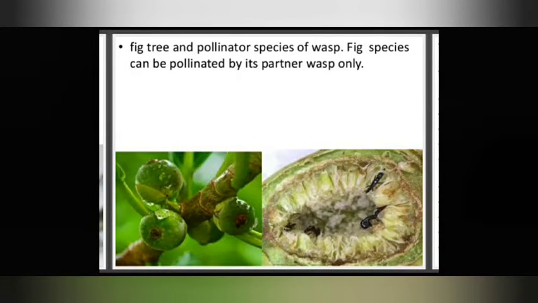Likewise, a fig tree and its pollinator species of wasp. Fig species can be pollinated by its partner wasp only.